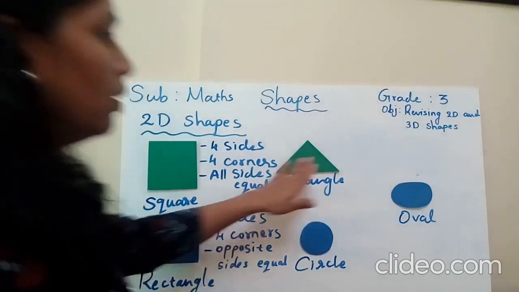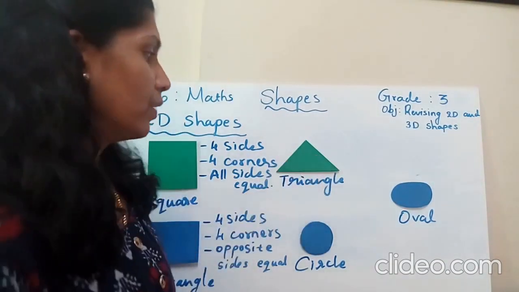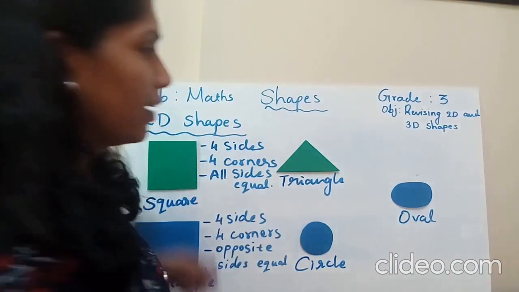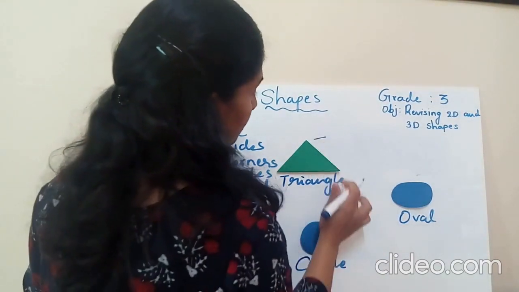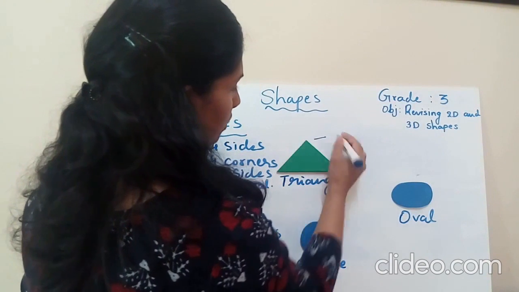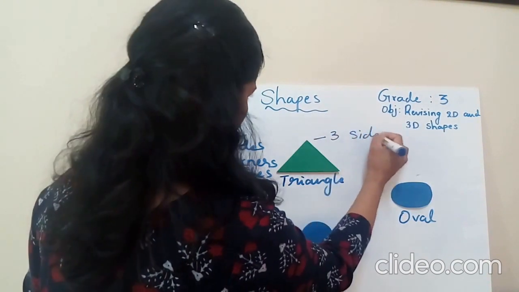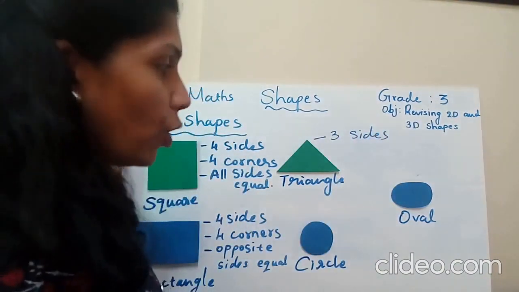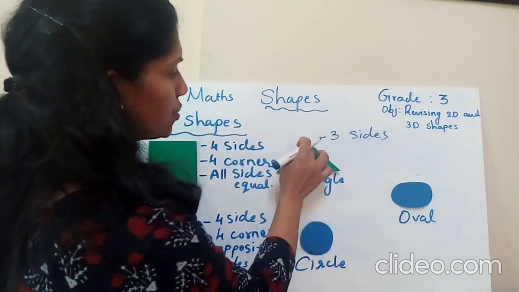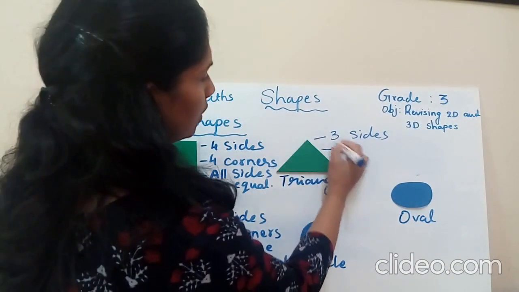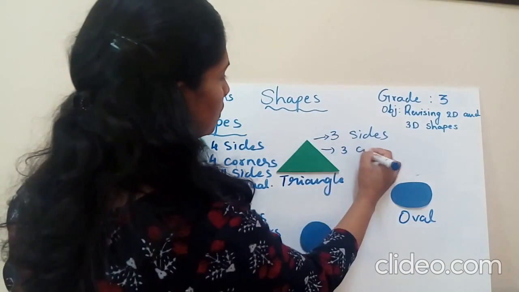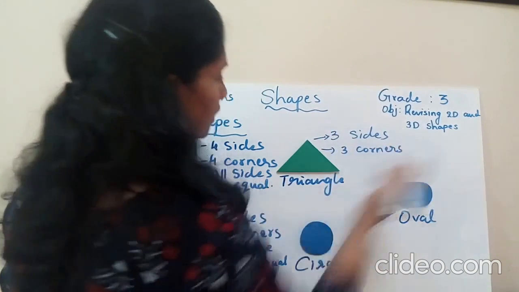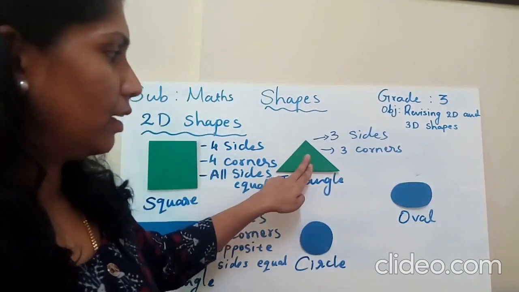Okay. Now let's see the triangle. How many sides are there in a triangle? There are 3 sides. 1, 2, 3. And how many corners are there? 1, 2, 3. So there are 3 corners in the triangle.